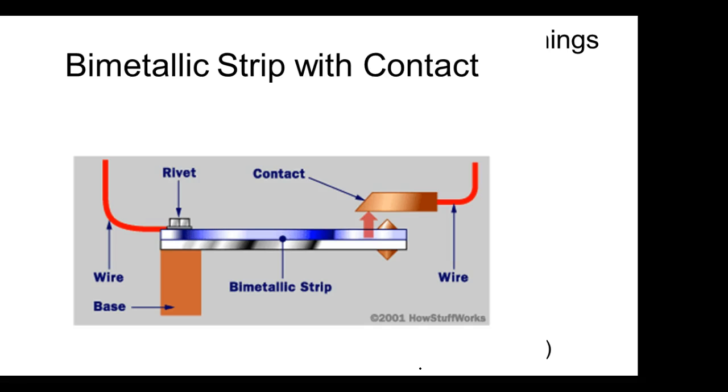We use a lot of bimetallic strips for overloads in low voltage motors or single voltage motors. Unfortunately, some of them automatically reset. You gotta be careful. A lot of your HVAC system motors, in your heating, ventilation, air conditioning system, use bimetallic strips that automatically reset.